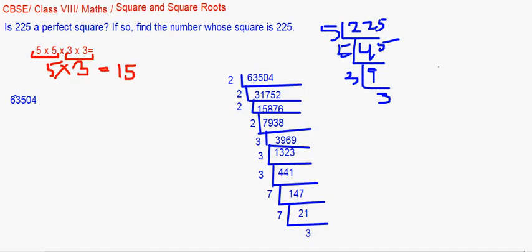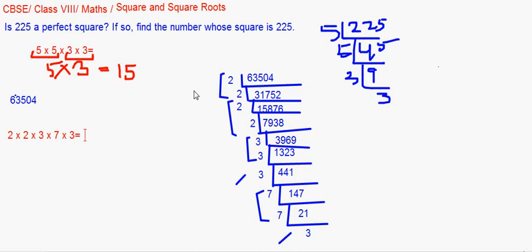Let us now try to pair all of them. For every 2 equal factors, I'll take one of them. There are 2 3s as well, here and here. So I can express it as 2 multiplied by 2 multiplied by 3 multiplied by 7 and another 3.